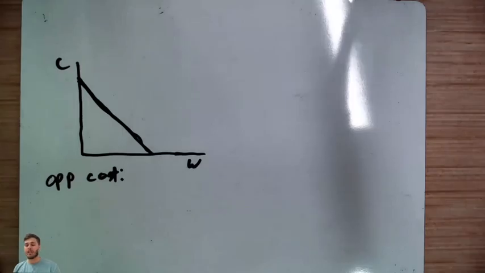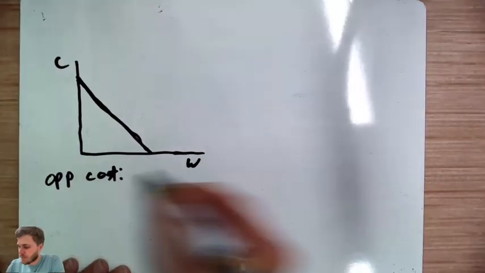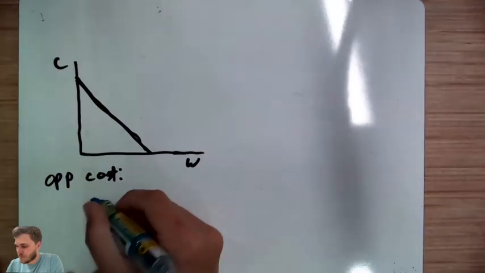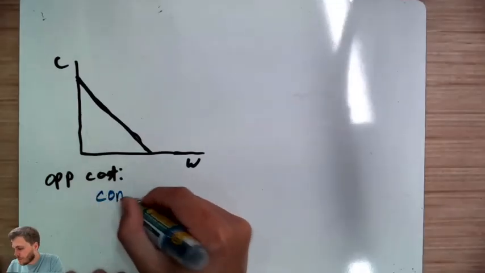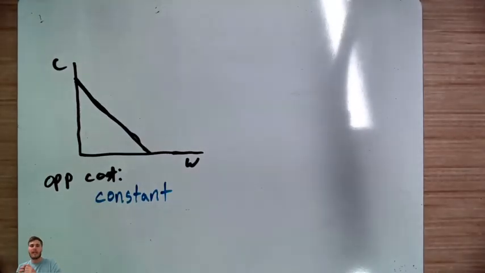So we call this a constant opportunity cost PPF. I'll put this in a different color here because that was a constant opportunity cost.